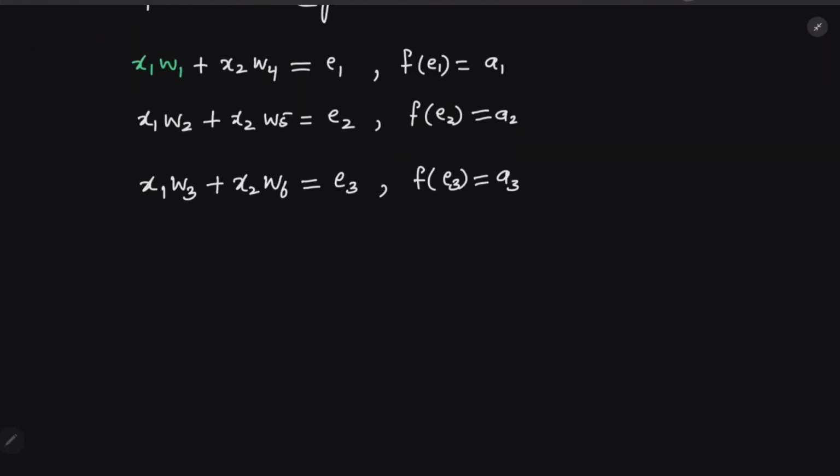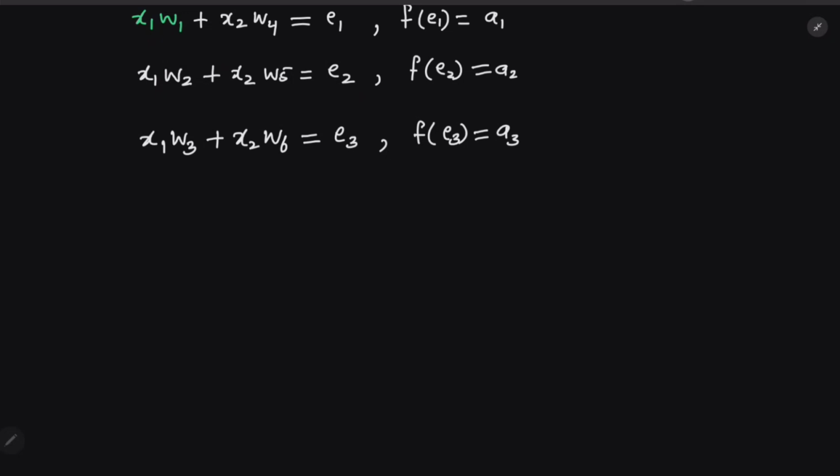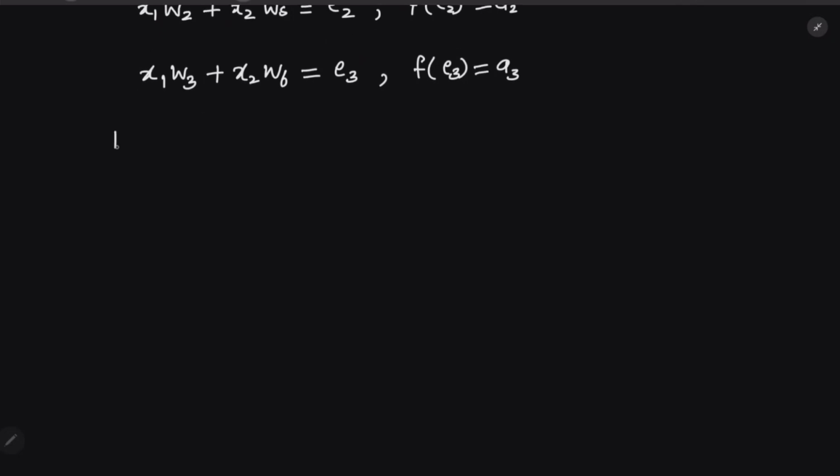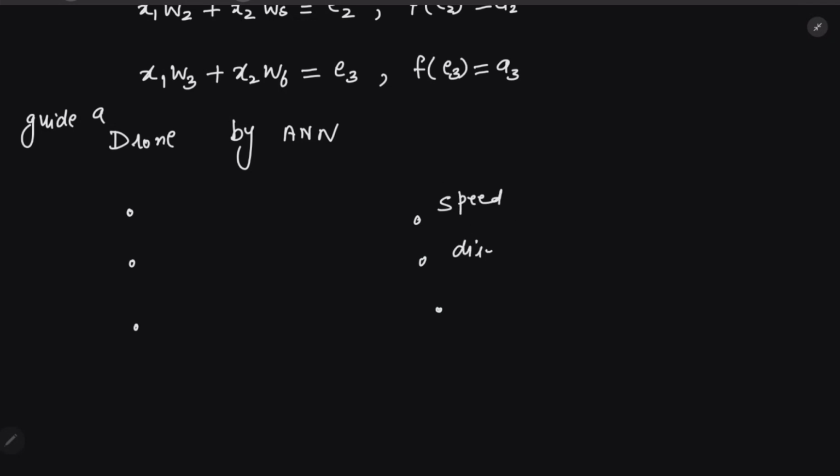Let me give you an example to understand how it works. For example, in a drone example, to guide a drone by ANN, you need, for example, 3 inputs and 3 outputs. The 3 outputs will be speed, direction, and also altitude.